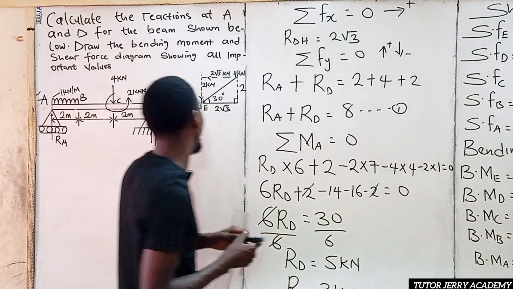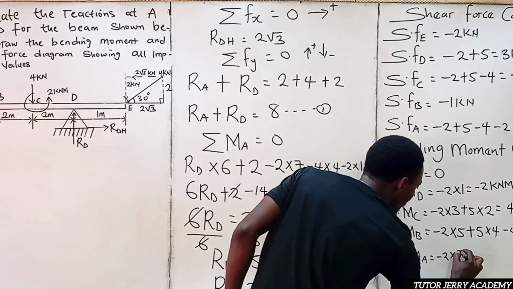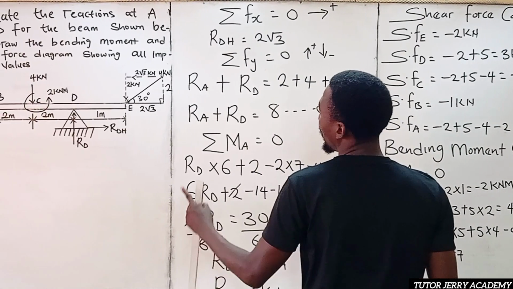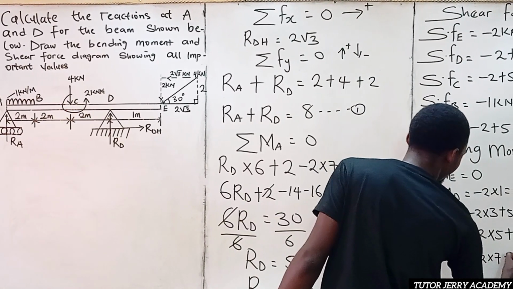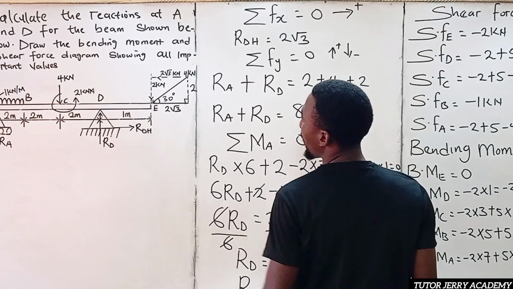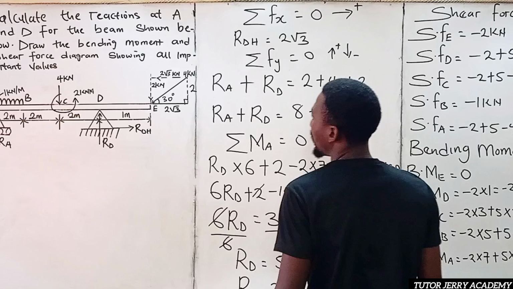Okay, let's just do it. We're going to have minus 2 times 7, then plus R_D, which is 5, times the total distance there, which is 6.